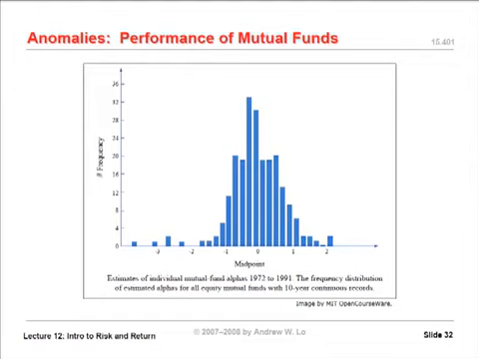From data from 1972 to 1991, the histogram of excess returns has basically this kind of a distribution. You've got some positives, you've got some negatives, you've got more negatives than positives, and on average, it's actually less than zero. Mutual funds, net of fees, are actually losing money for you on average. That was the conclusion by these academics as of a few years ago.